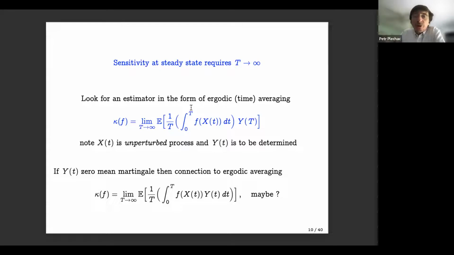And the advantage of this approach is that we will simulate only the unperturbed process. Okay, and we will have to show, of course, that this limit really converges to the right quantity, which is this sensitivity index or the transport coefficient.